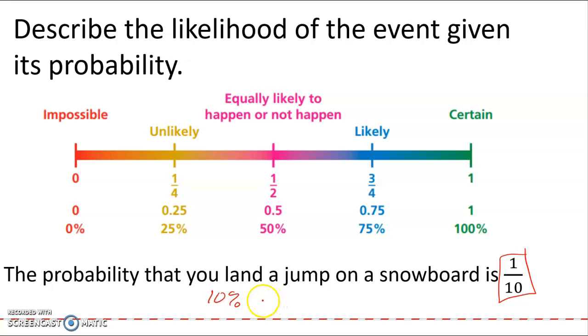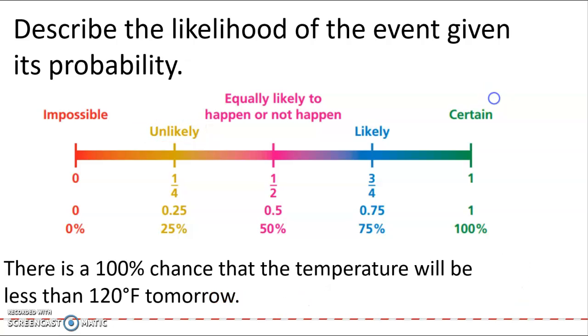So if we have 10%, that is between 0 and 50, so you would go with unlikely. So change it to a percent, easier to compare. Hopefully you remember how to change things to a percent. And then it says there's a 100% chance that the temperature will be less than 120 degrees tomorrow. So 100%, that is certain.